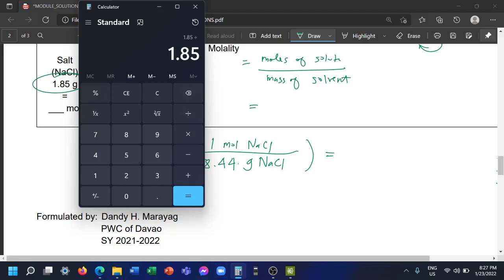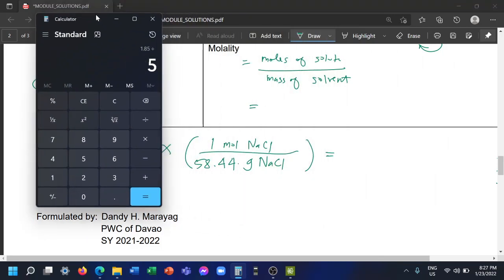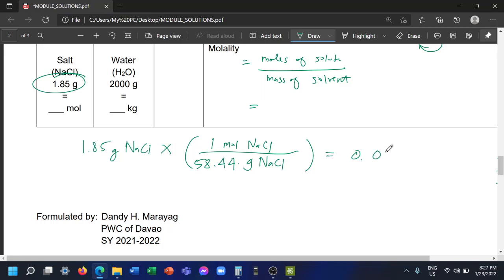And then you solve for this one. 1.85 divided by 58.44 is 0.0316 mole.